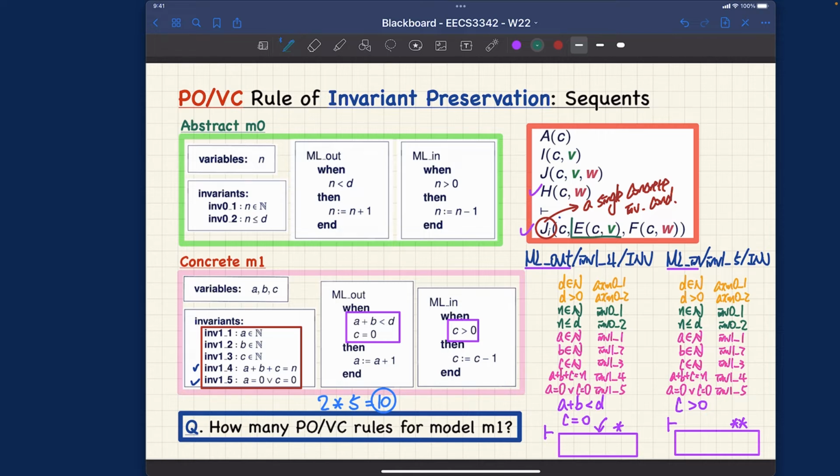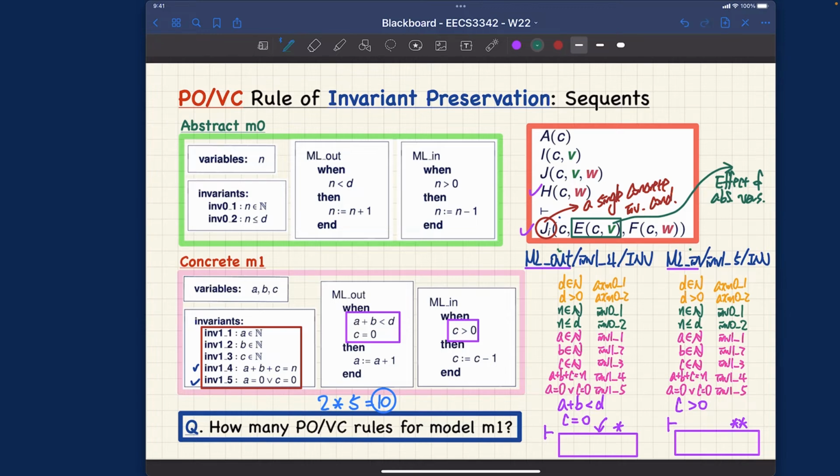This part over here, just to remind you, is really the effects of the abstract version of the events, depending on whether you're talking about ML out over here or ML in over here.